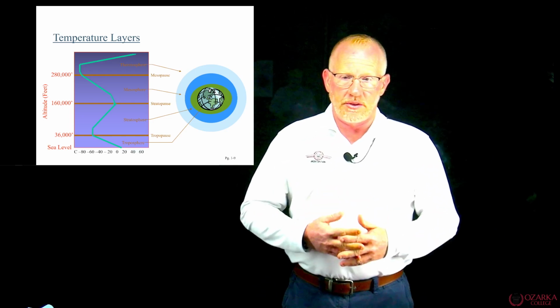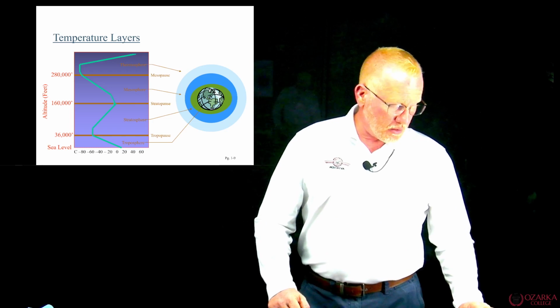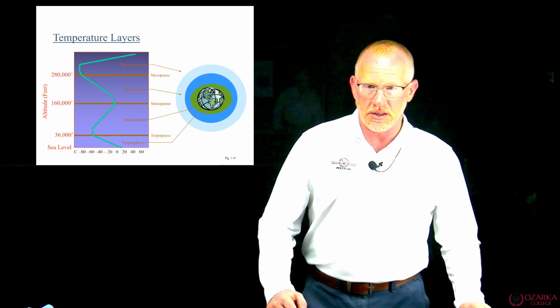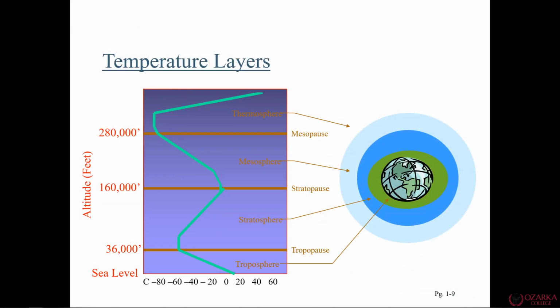So let's talk about the troposphere. Now the troposphere, I'm going to blow this up a little bit so you can see it better. The troposphere is where most of Earth's weather takes place. And that is generally from sea level up to, in our latitude, about 36,000 feet. Okay?